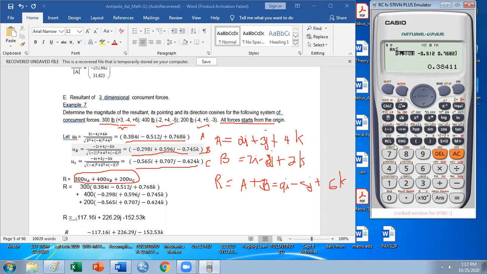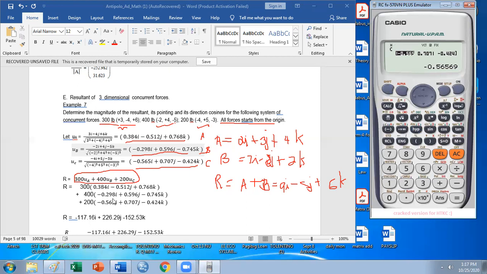Store mo siya sa A. So, na-store na siya sa vector A. And then, yung shift 5, 4, divide mo ng absolute value of shift 5, 4, store mo siya sa B. And same thing, yung vector C, divide mo ng absolute value of vector C. Shift 5, 5. Store mo siya sa C.